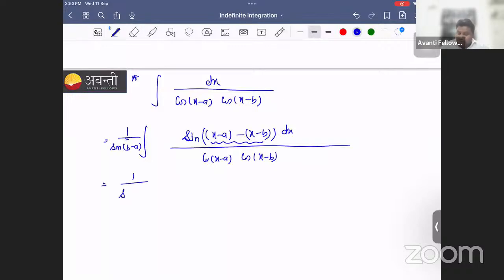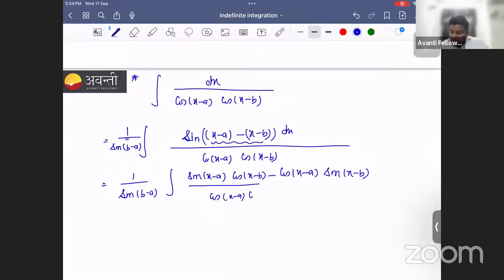So it is 1 upon sine of b minus a, into sin of x minus a cos of x minus b minus cos of x minus a sin of x minus b, upon cos of x minus a cos of x minus b.